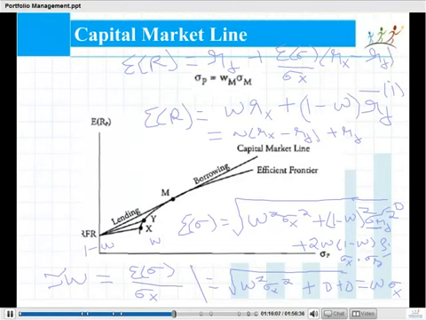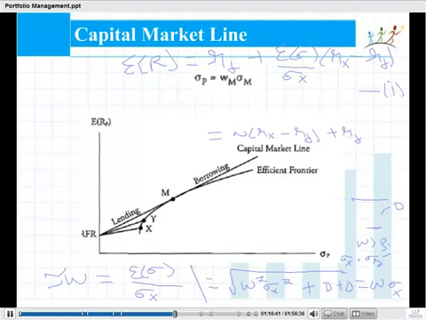So the expected return on my portfolio is equal to the risk-free rate plus the expected risk upon sigma x into Rx minus Rf. This equation between the expected return and expected risk of a portfolio is called the capital allocation line.